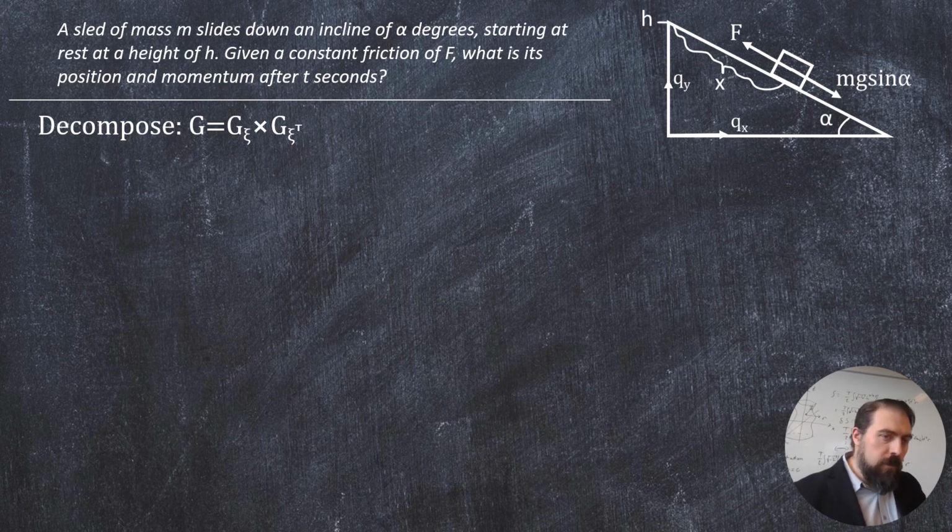What I'm going to do is decompose my g into a g psi and a g psi perpendicular. Now the psi's here are going to be elements of the Lie algebra, but in a vector field representation of the Lie algebra element psi, I'm going to write this as a del qx plus b del qy, and a and b are simply such that we're pointing out of the plane here.